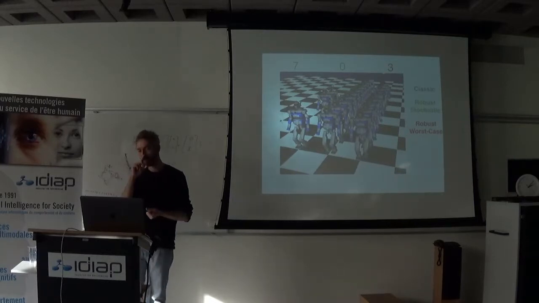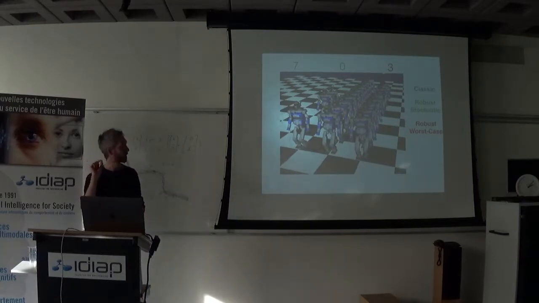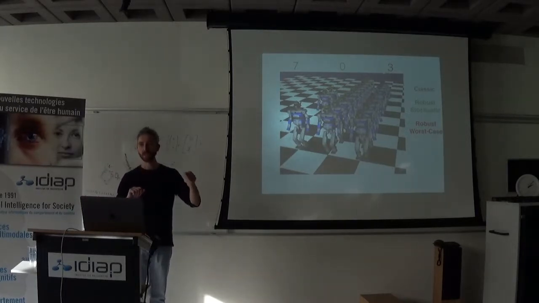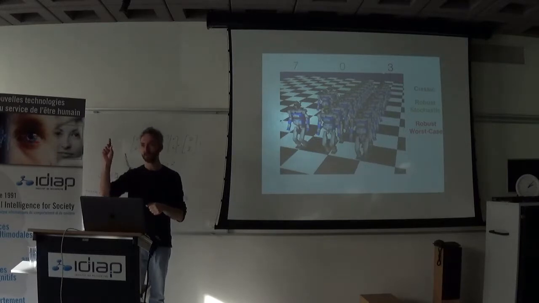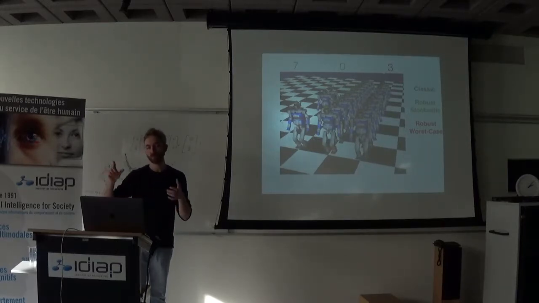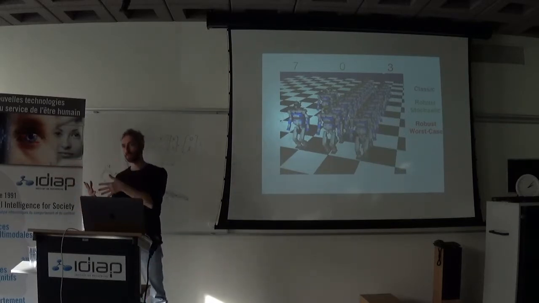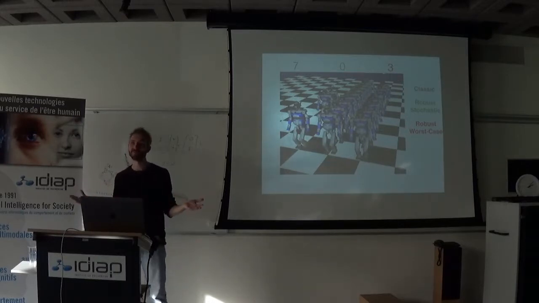Especially, one example that could make this more clear is that if you increase a lot the weight associated to the robustness measurement, the robot is going to basically choose always the most robust thing to do. But the most robust thing to do might be just to do nothing.